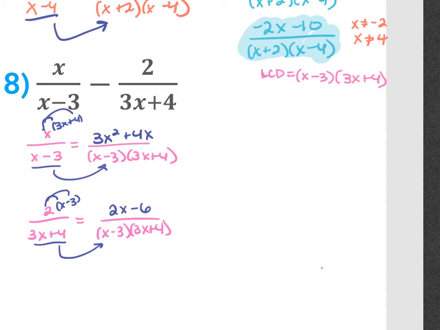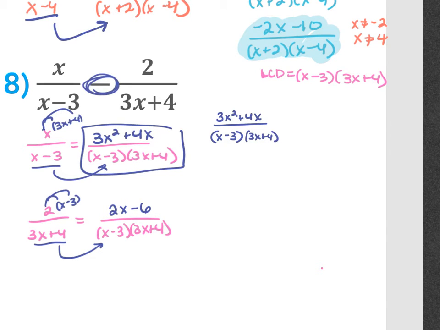So now this is the first one, right? It's 3x squared plus 4x over x minus 3 times 3x plus 4, minus, because that's what's there, 2x minus 6 over x minus 3 times 3x plus 4.